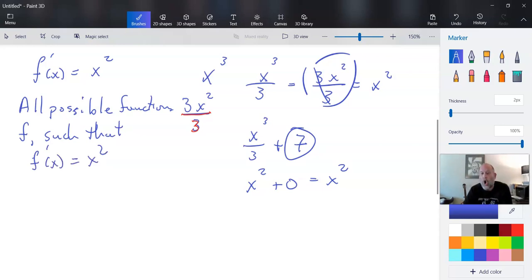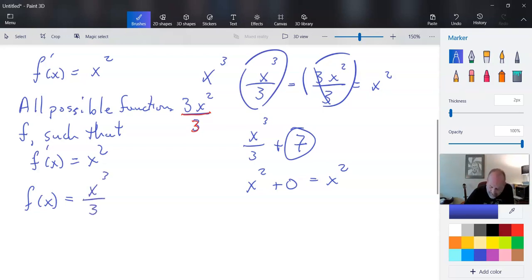The way we write all of the possible functions at the same time is we write f of x is equal to whatever this term was that you found from working the power rule backwards, x cubed over 3, and then we have to add a constant because I could have taken the derivative of a constant and got a 0 there to have it cancel out. So there could have been a constant there. I don't know. If nothing else, the constant was 0, right? So we always write the plus c as far as that goes. Okay, so that's our first one.